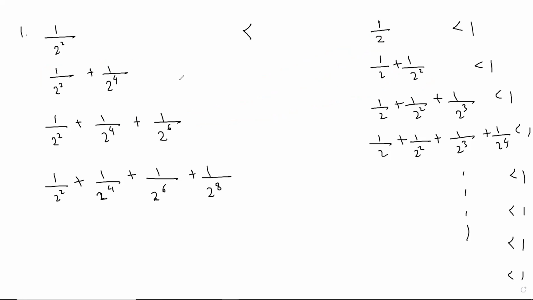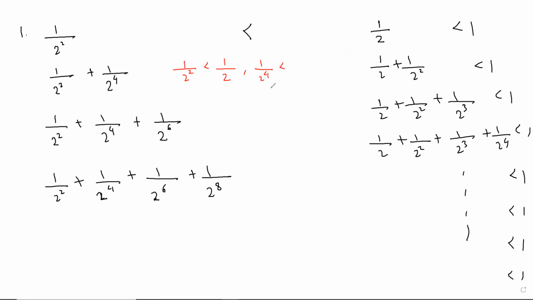To be more clear, 1 by 2 square is less than 1 by 2, because the higher powers you take, the smaller your number becomes. And 1 by 2 to the 4 is less than 1 by 2 square. So you can add them, which means this plus this will be less than this plus this. Is this okay? Clear?